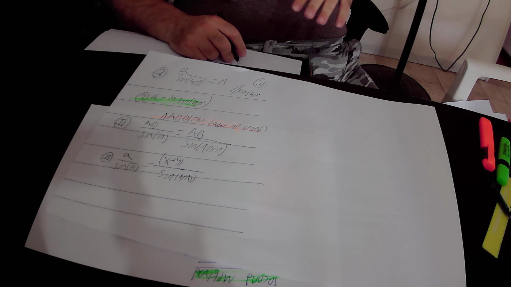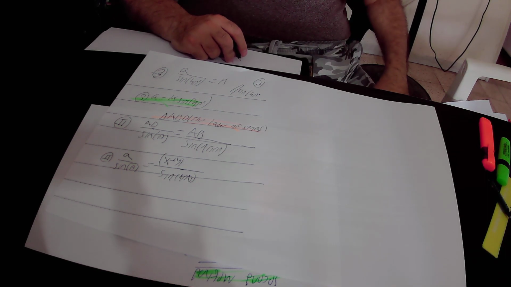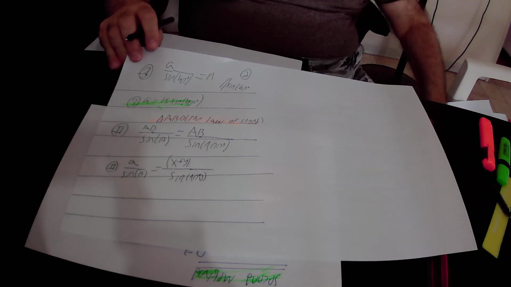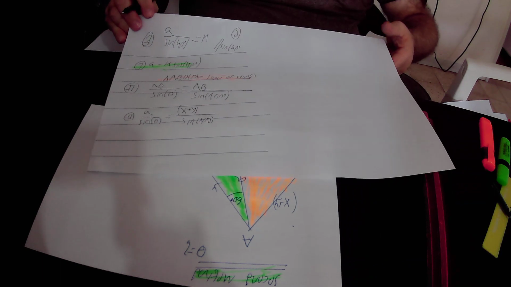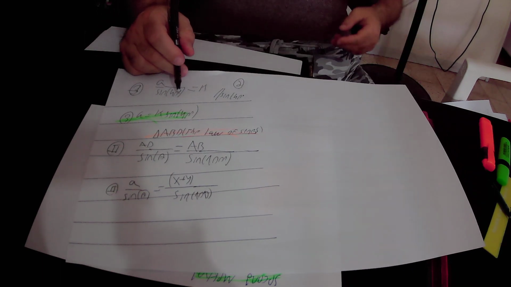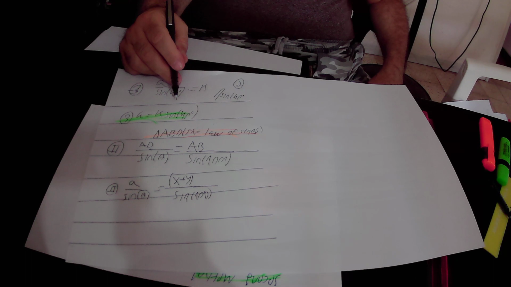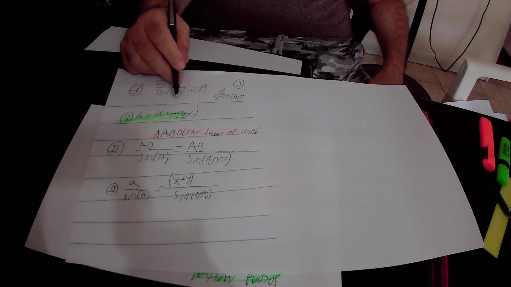In the next step, we'll substitute A by K times sine 40 degrees. We'll substitute x by K times sine 60 degrees, and we substitute y by K times sine 80 degrees. So we'll do it now.